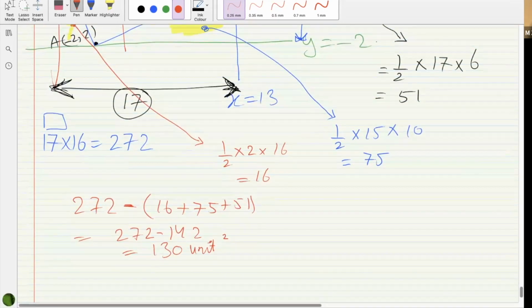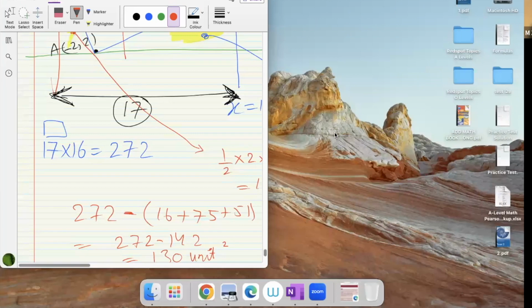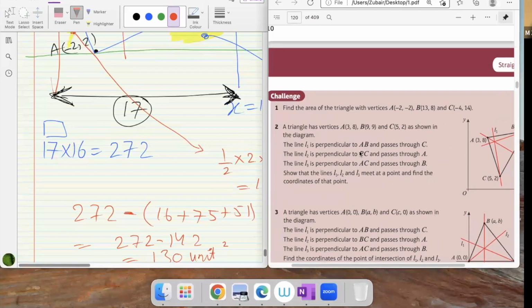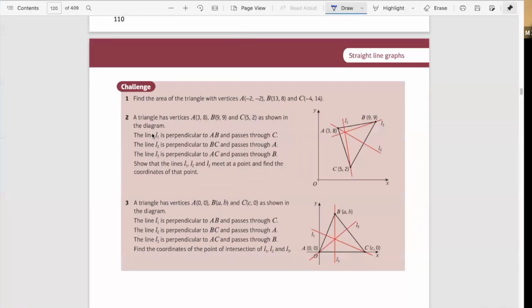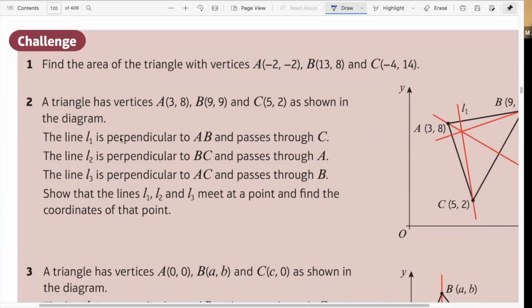Any questions related to this area section? Then there are two more challenges. It says a triangle has vertices A, B, C, which is to the right of this, shown in the diagram.